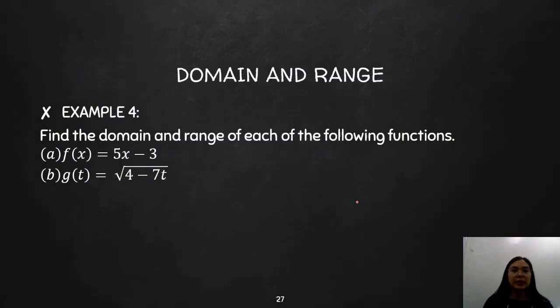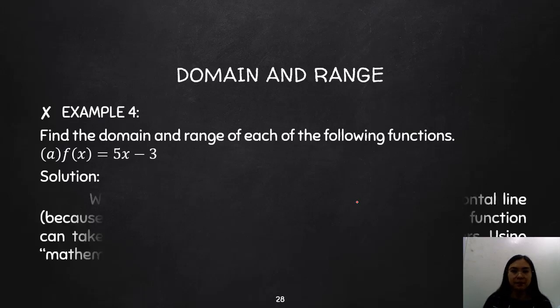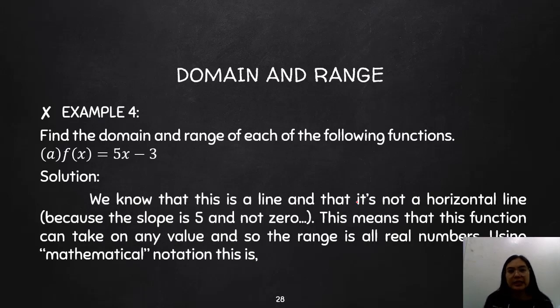So let's take a look at an example so that we could differentiate domain from range. So for letter A, let's find the domain and range of f of x is equal to 5x minus 3. So we know that this is a line and that it's not a horizontal line because the slope is 5.